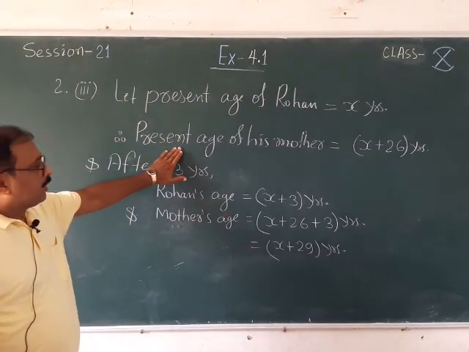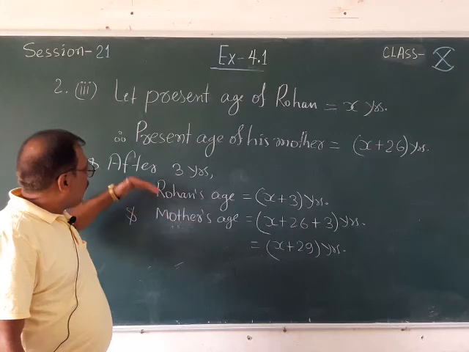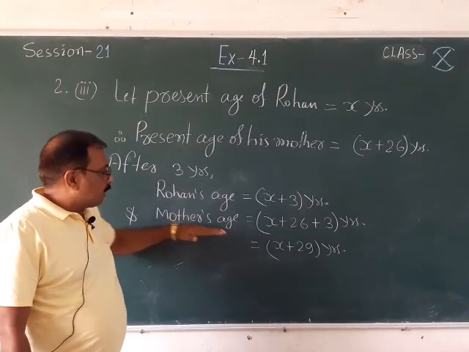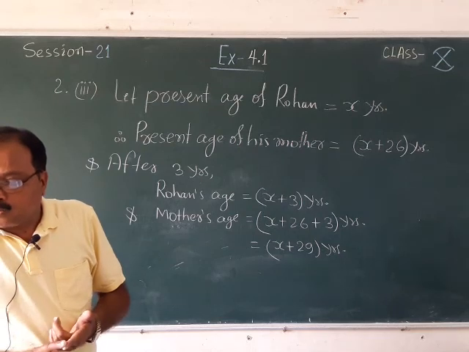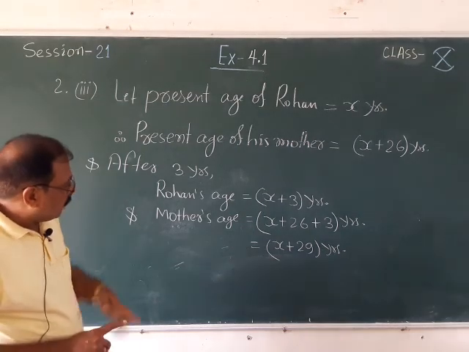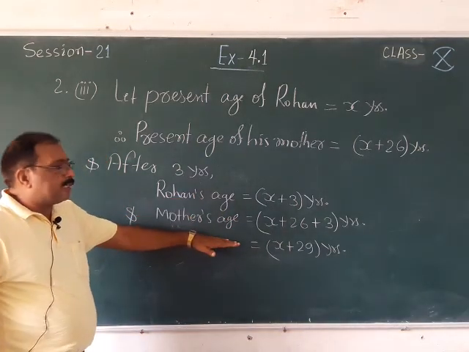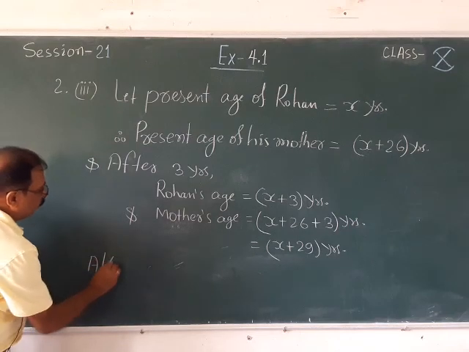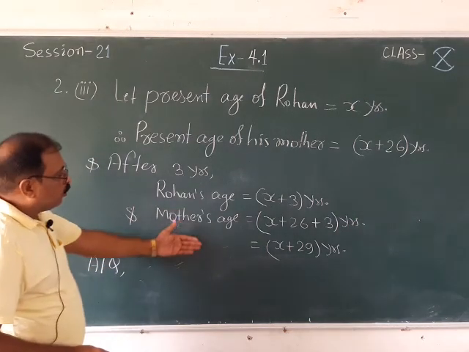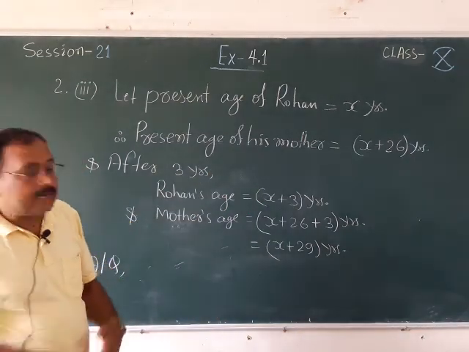So the present age of his mother is x plus 26 years, and after 3 years mother's age will be x plus 29 years. Now we have both ages, Rohan's age and his mother's age after 3 years. According to the question, the product of the ages of Rohan and his mother is 360.